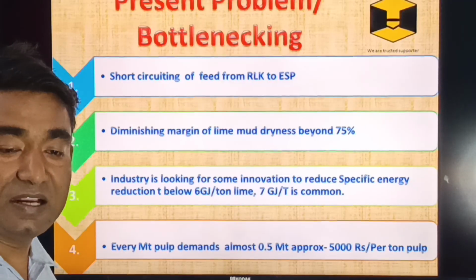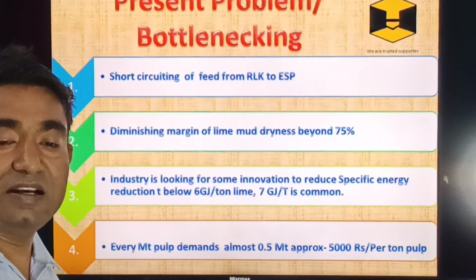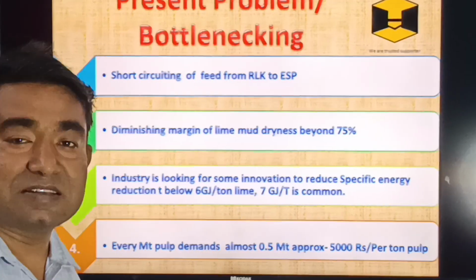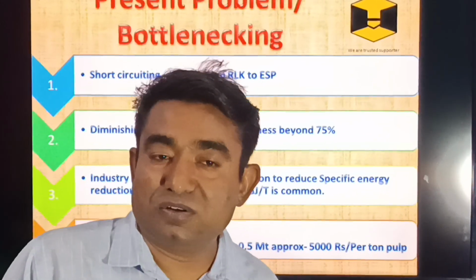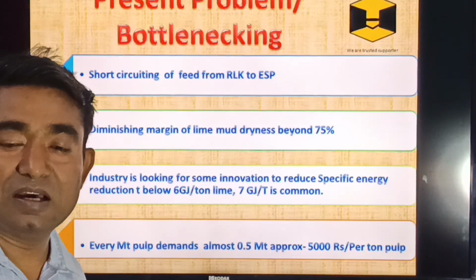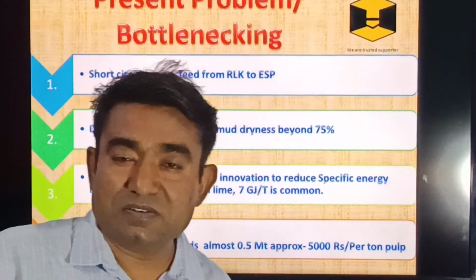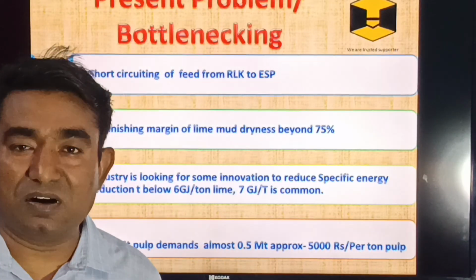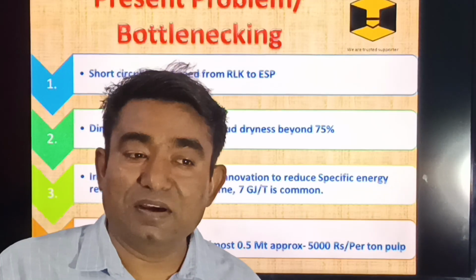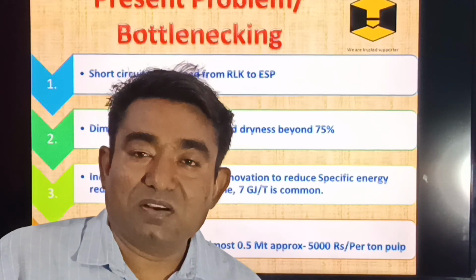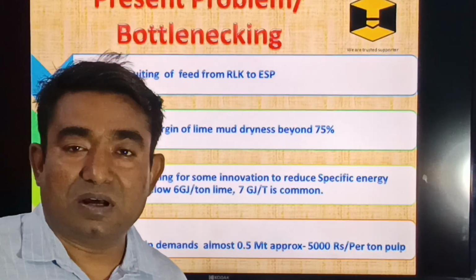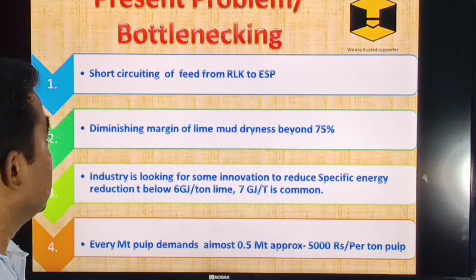It has been seen that where the silica content is more than 3%, the energy consumption is as high as 11 gigajoule per ton lime, making the whole operation totally not profitable. It is well understood that lime kiln operation is not profitable, but the energy crisis is known to everyone, and we have to find out how to reduce it. Is it possible? I will reveal all the things in the coming slides.